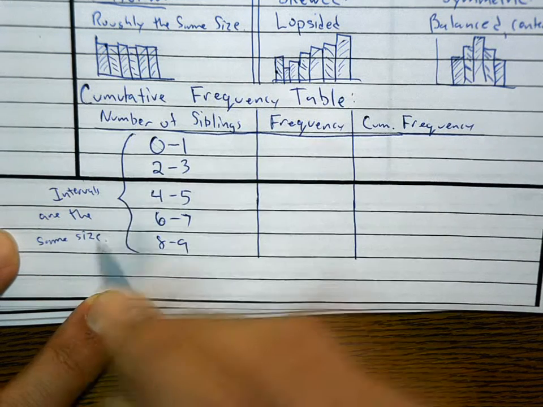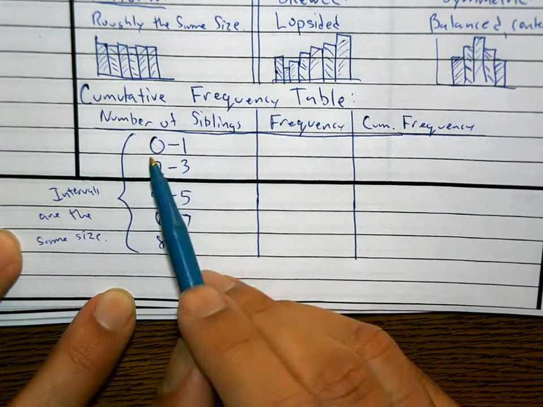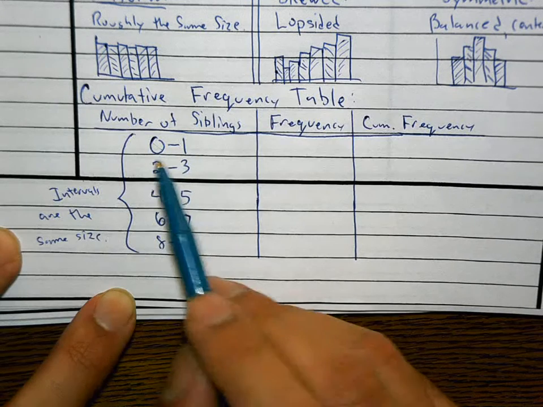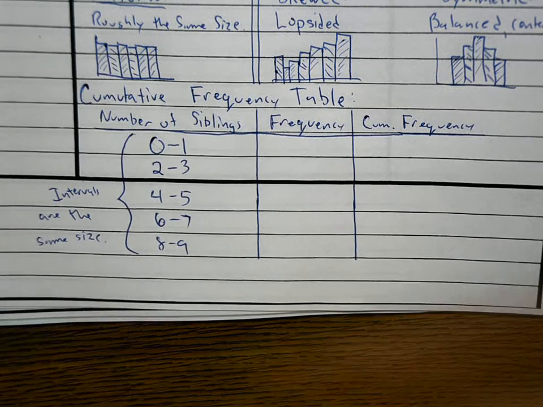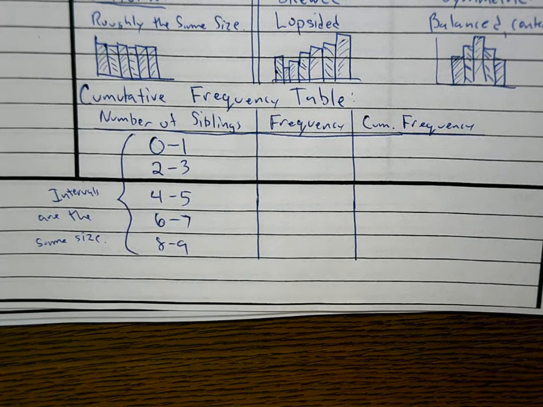You can pick it. Instead of me doing 0 and 1, I could have done 0, 1, or 2. I could have made my categories bigger had I known we had a Cassie in the family, right? It's okay. Let's see how this pans out. I have no idea what this is going to look like because I don't know how to organize the data, but let's see how it goes.